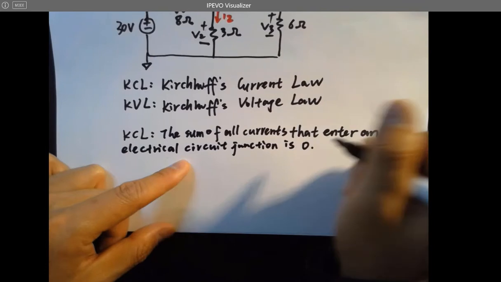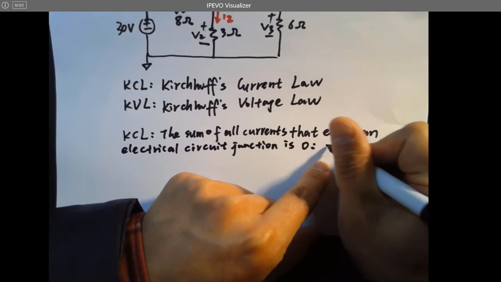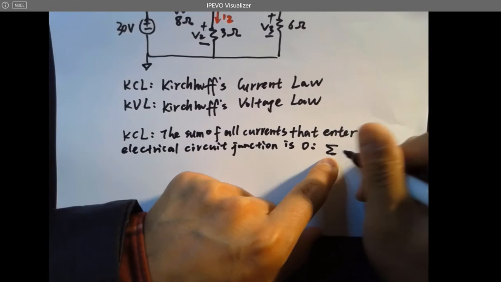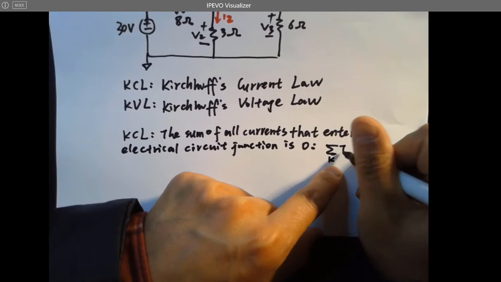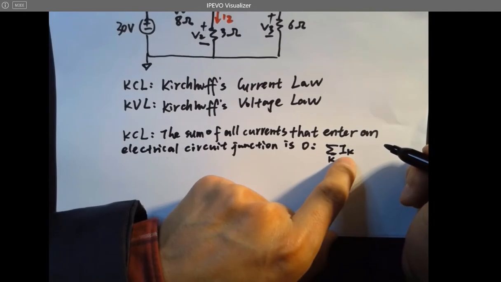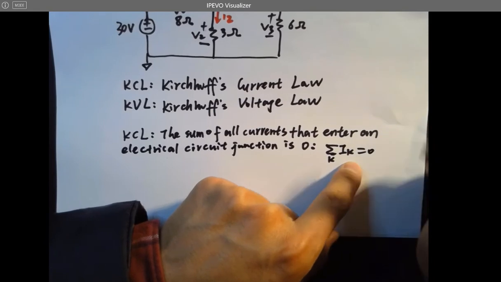Which means sigma, the symbol for summation, of all the currents, right? Just add them together. So these are all the currents entering a junction, and that equals 0.